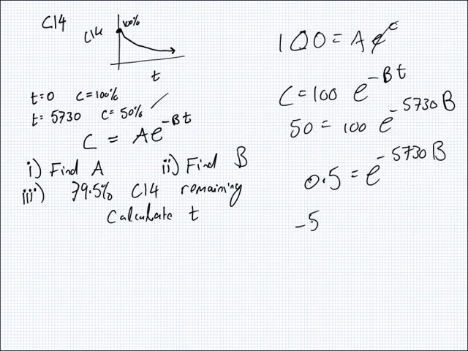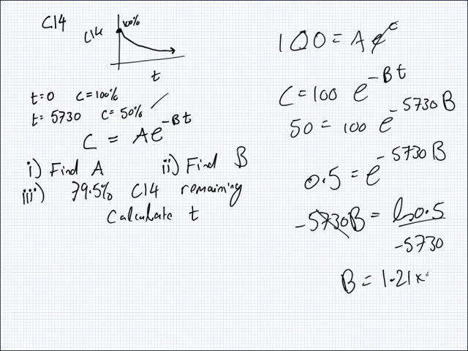So minus 5730B equals log 0.5. Divide again. And what did you get for B? Pretty small number, huh? 0.000121. Yeah, that's fine.